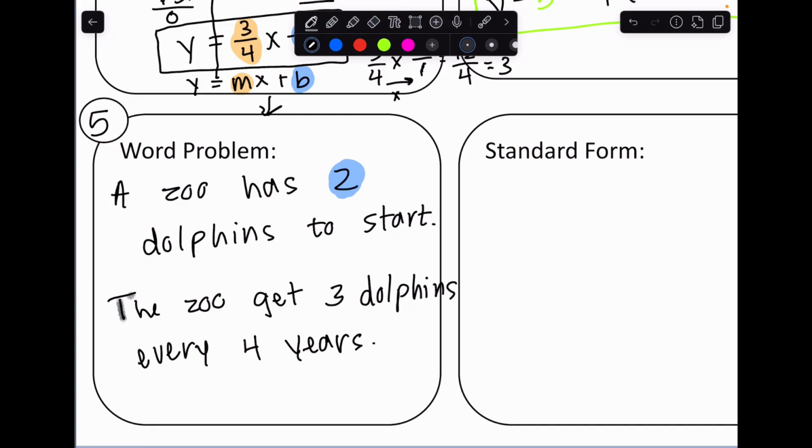Okay, so since we know our y-intercept is 2, our y, which is our rise, so the 3 from our slope, has to be referring to the same thing. So in this case, dolphins. Okay, so our y's refer to dolphins. And then we needed another variable, which we picked years. Okay, so our x is years, our y is dolphins. And we know that because our y-intercept was 2 dolphins.